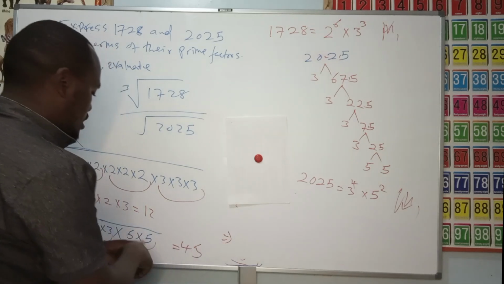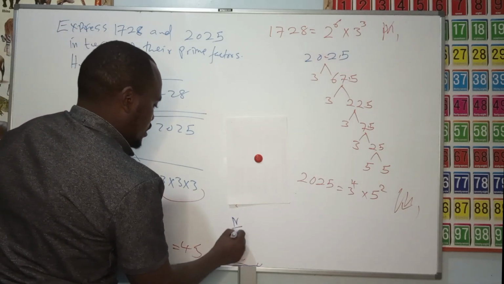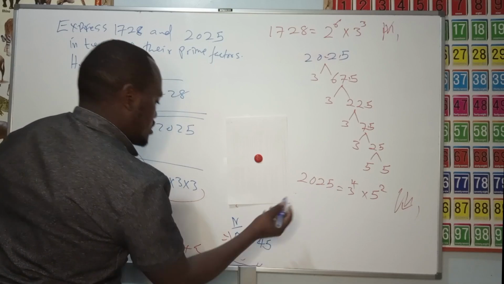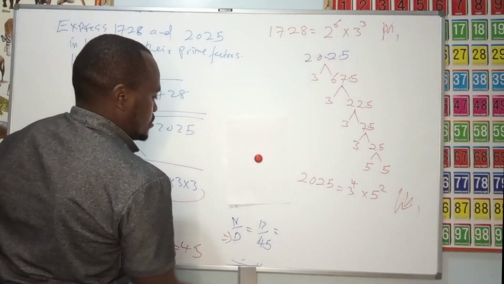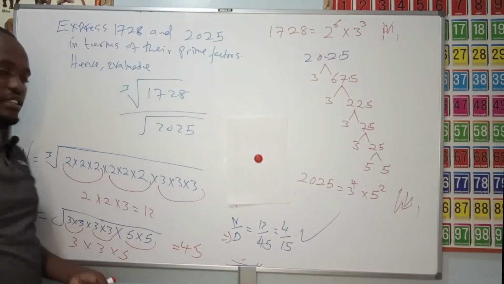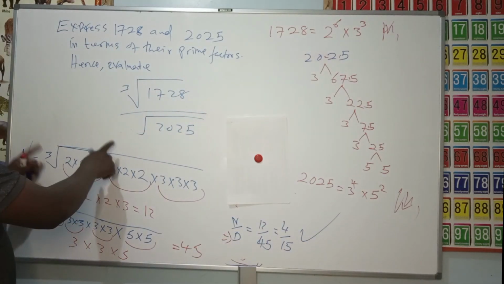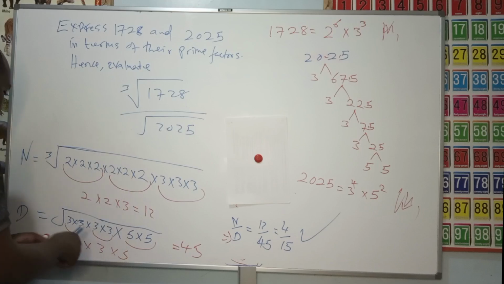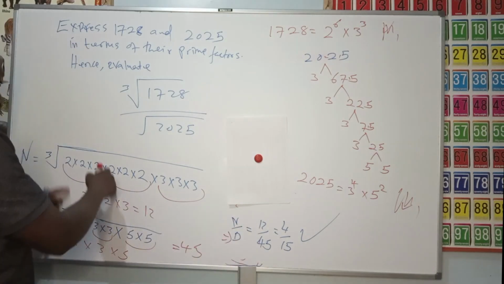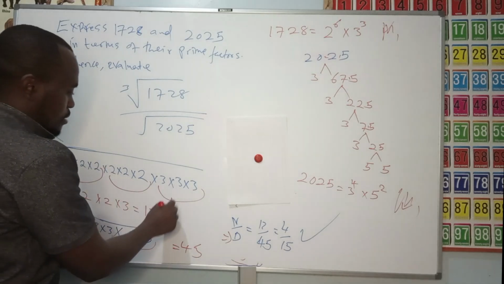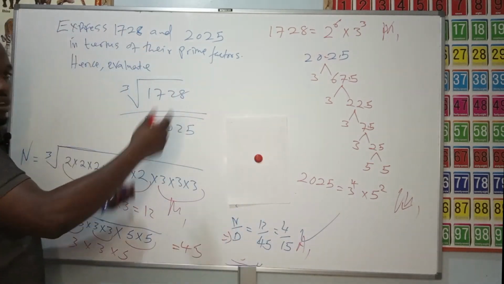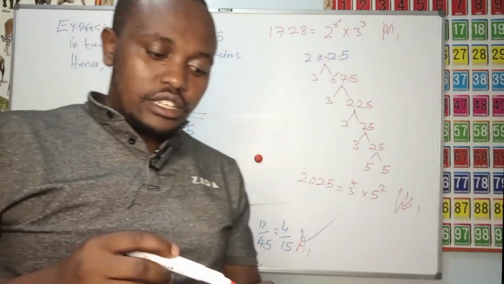Your answer, numerator over denominator, is 12 over 45. Simplify further, divide by 3, and you have 4 over 15, the same answer. So for your ability to solve up to this point, you get 1 mark, and you have an A1 for the answer. So you have 4 marks at the end of it all.